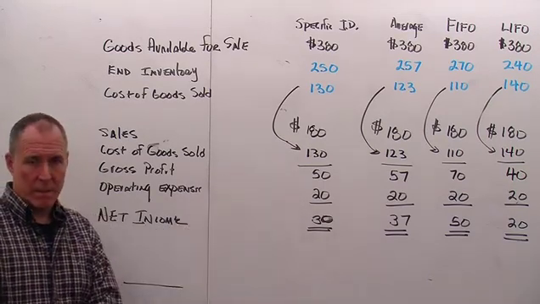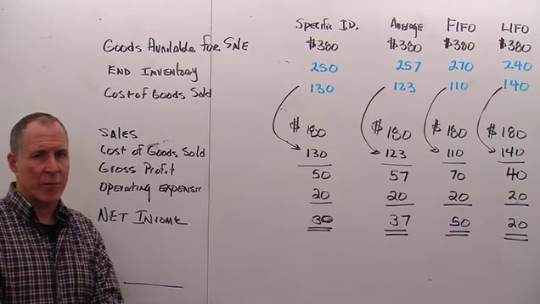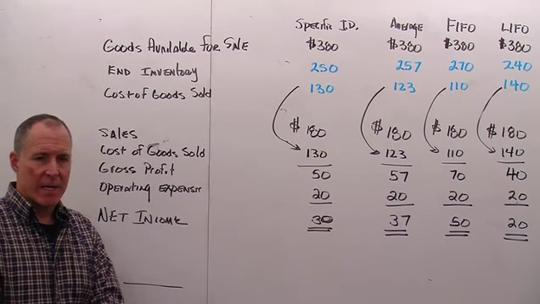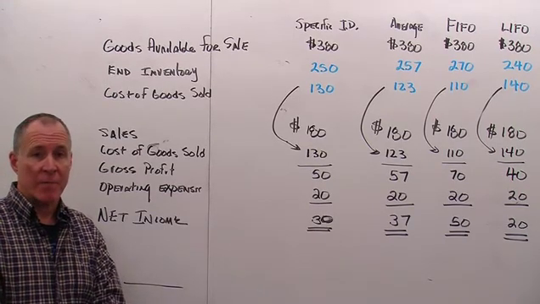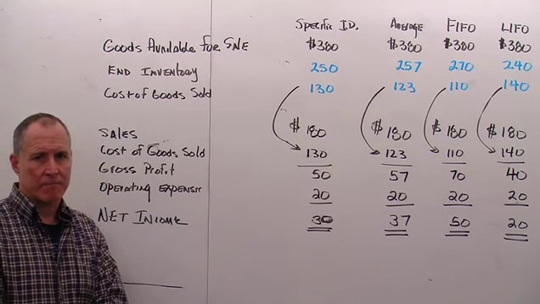LIFO. Now, if inventory prices were going down, if the first acquisition was at 10, and then at 8, and then at 7, it would be just the opposite. LIFO would give you the largest net income and not the least amount.